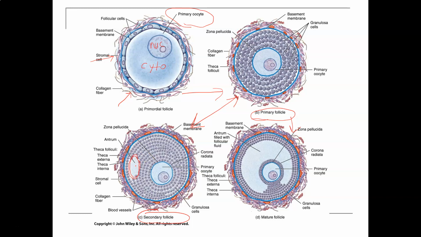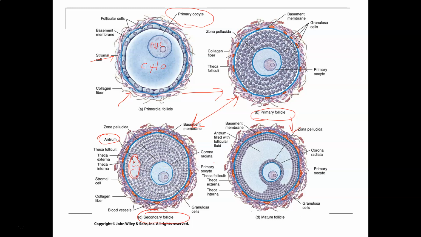You see a space in here, and there's fluid in there. This is the beginning of what they call the antrum, which is going to become huge in the mature follicle, but right now in the secondary follicle it's small. And you might even see a couple of little separate cavities within this wall of follicle cells. So that's the secondary follicle.